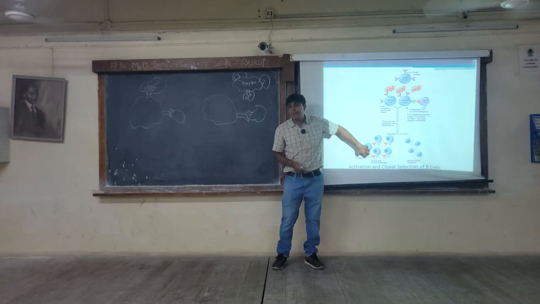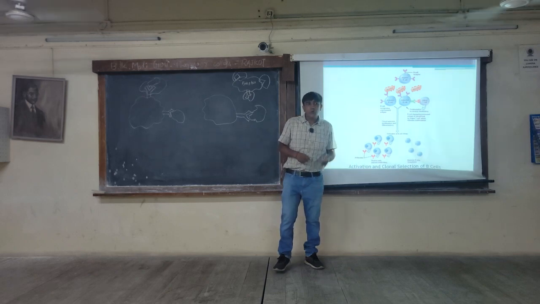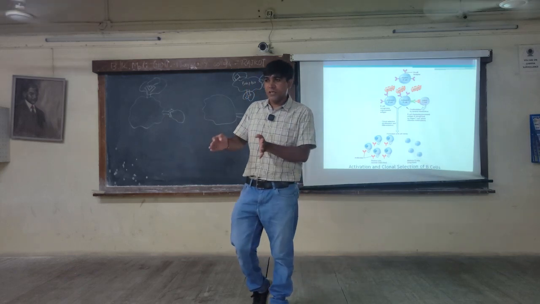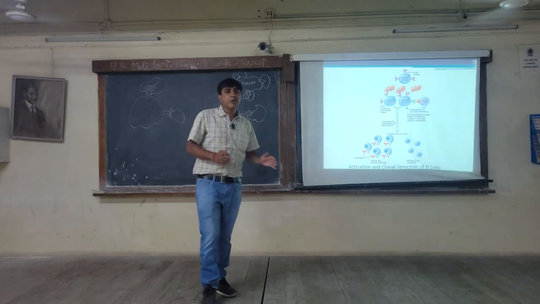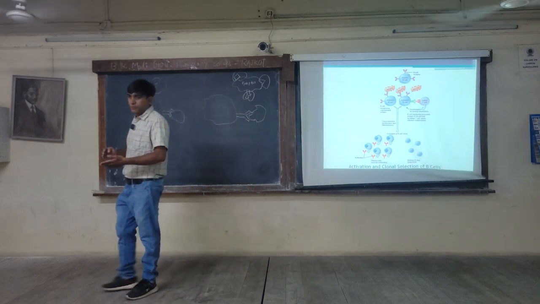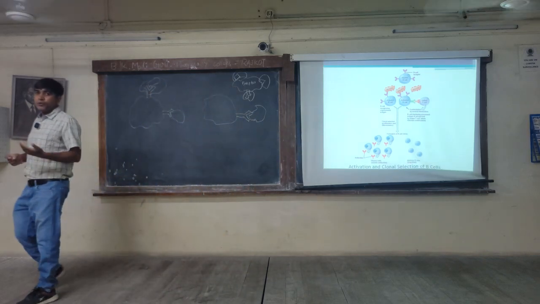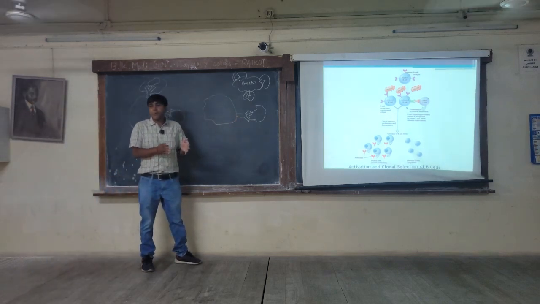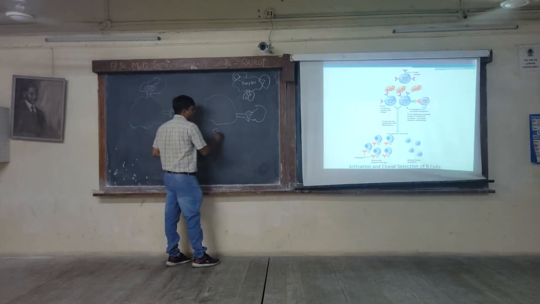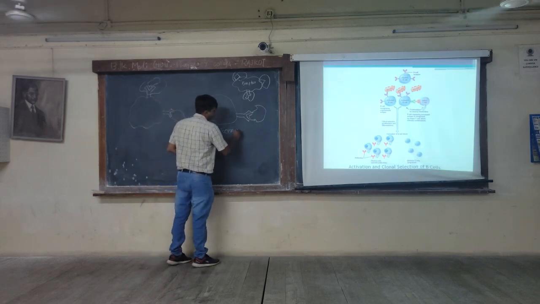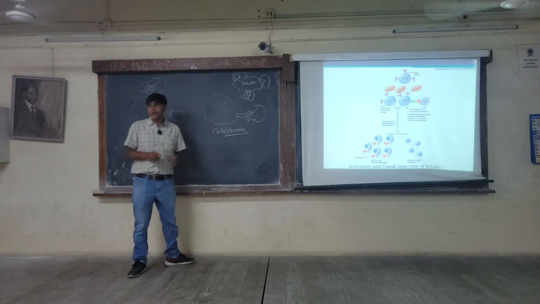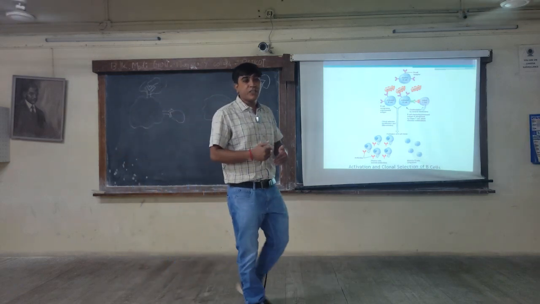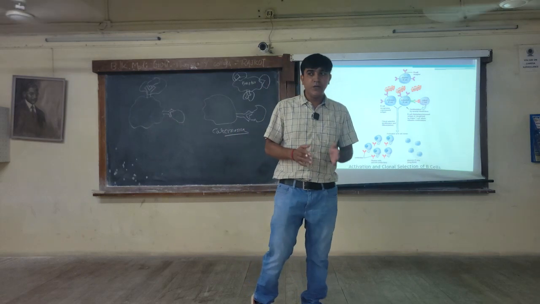If we select any B cell from these producer B cells and combine it with carcinoma cells, which are cancer cells, they will proliferate faster, multiply faster, and they will produce more number of antibodies. Normal B cells have slow proliferation.